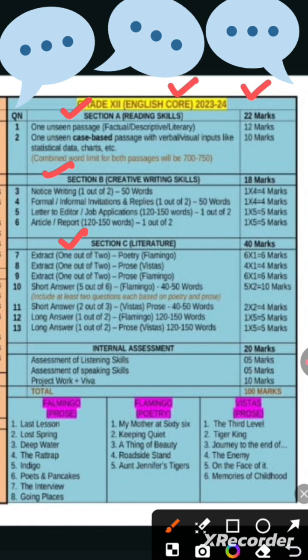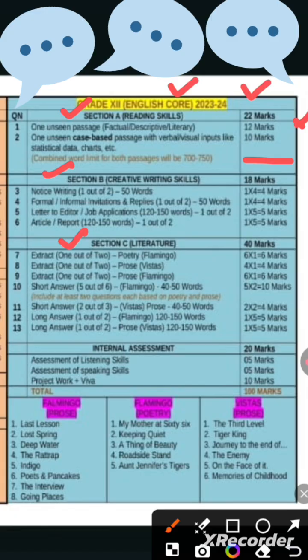Then you would have one unseen case-based passage with visual and verbal inputs like statistical data, charts, etc. The combined word limit for both passages should be around 700 to 750 words. The second passage would be for 10 marks, and the first passage for 12 marks, which in totality makes it 22 marks.